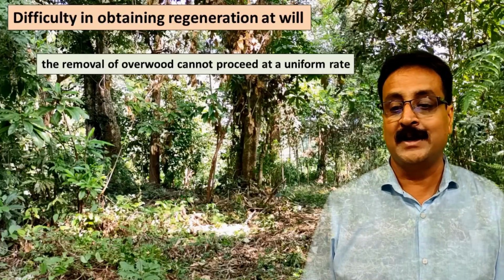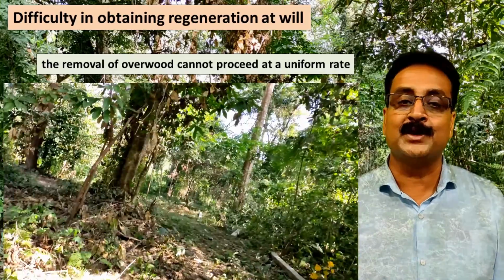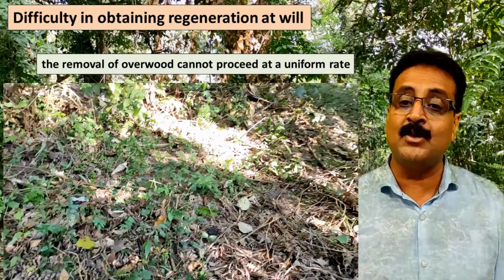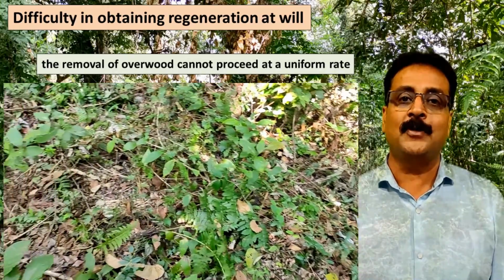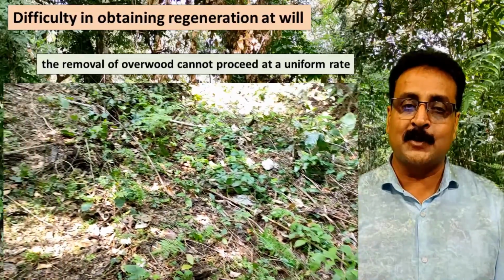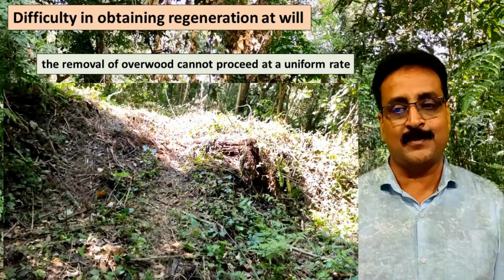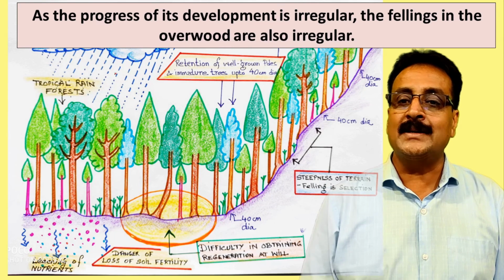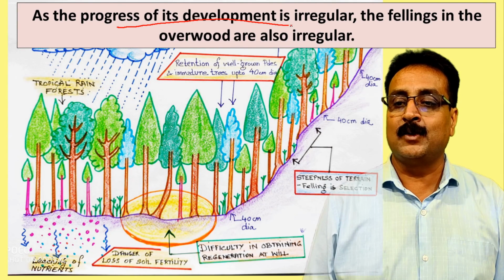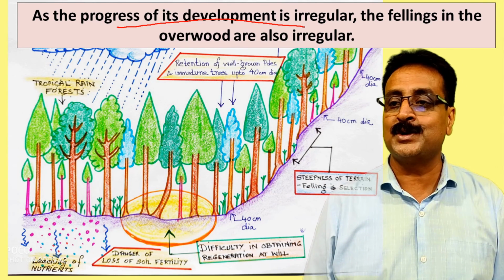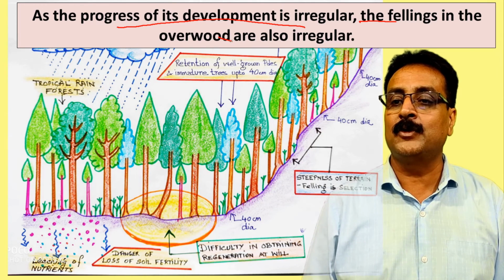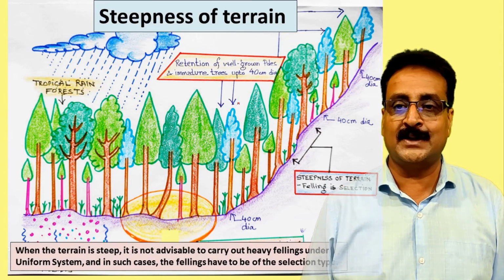It takes a lot of time to regenerate here, and we have to wait for the regeneration. Only then can we proceed further to fell the exploitable diameter or mature crops. So as the progress of regeneration is irregular, the felling of the overwood is also irregular.